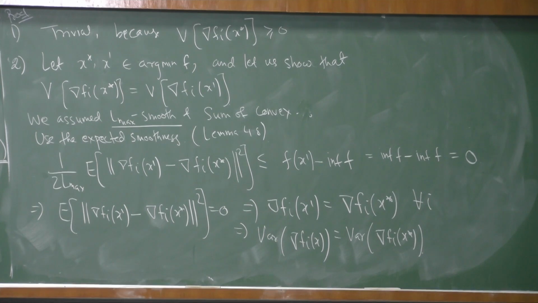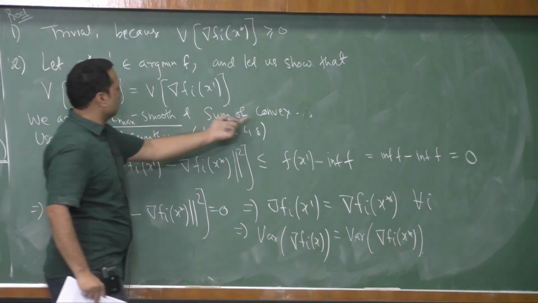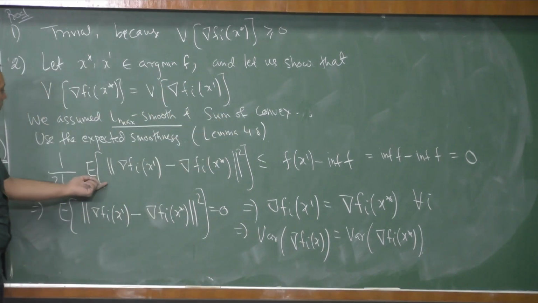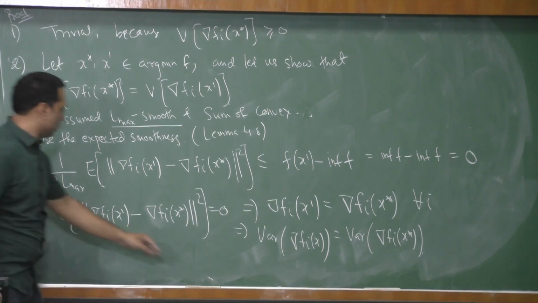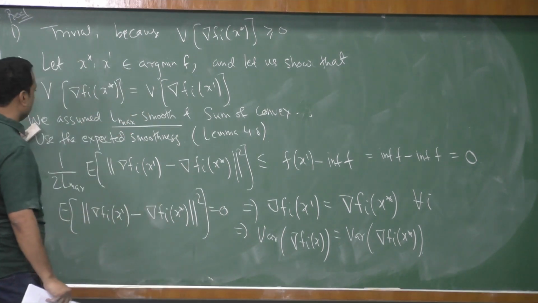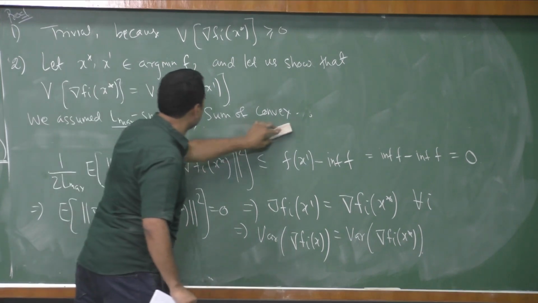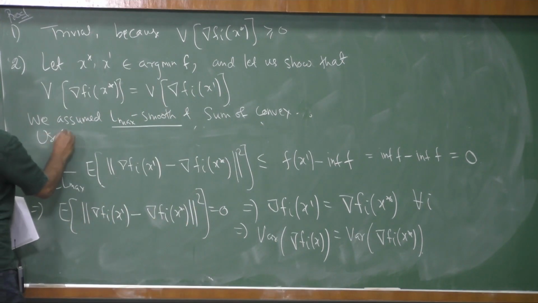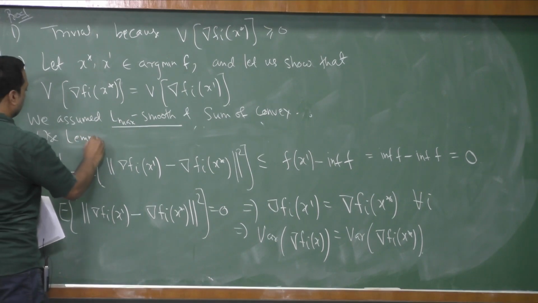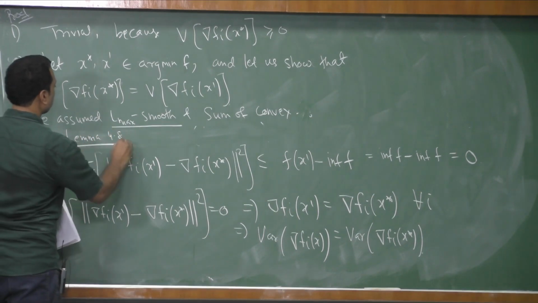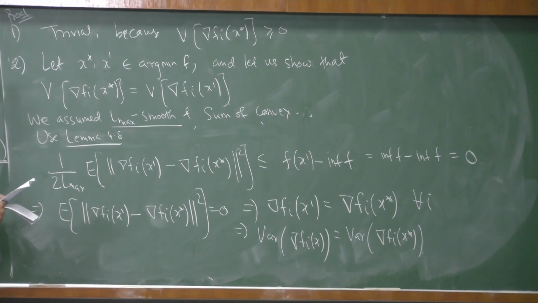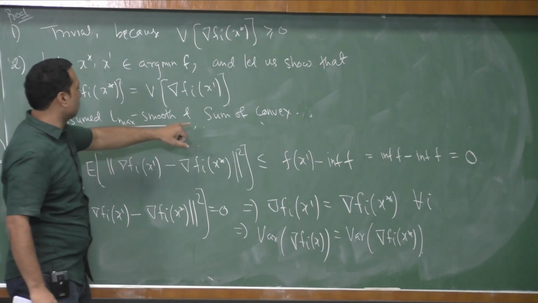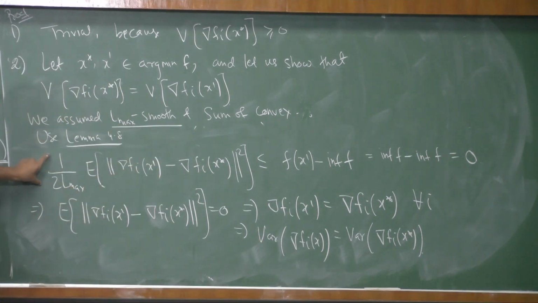What I'm trying to say is that this implies this. Maybe there is a confusion, so I will say just use lemma 4.8. What lemma 4.8 says is that if you have L max smooth and sum of convex, then you have this, and this criterion itself is called expected smoothness.